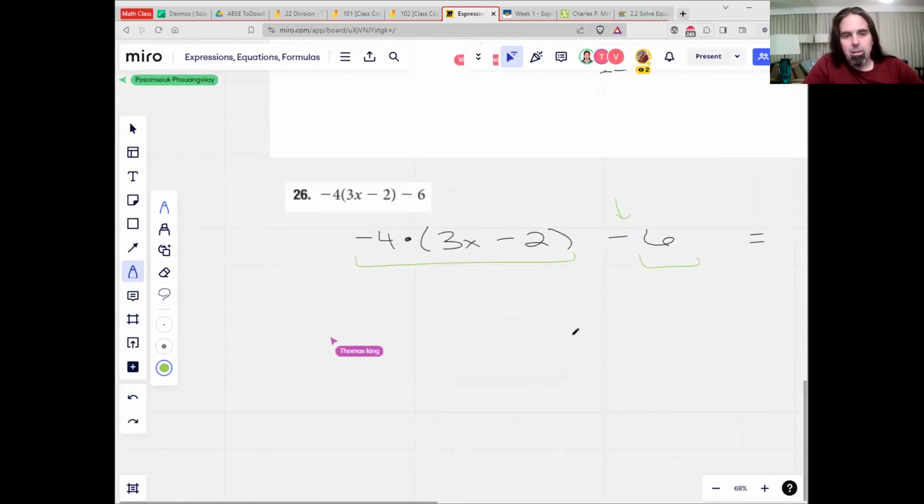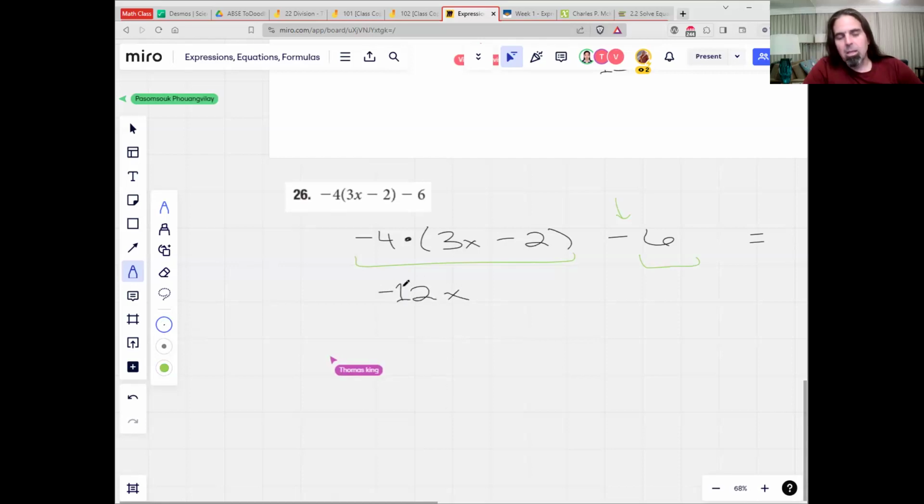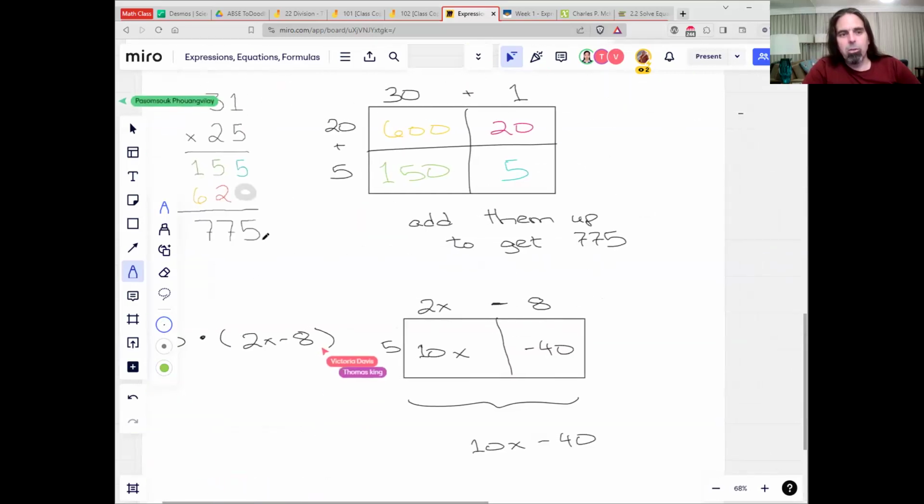So I'll do that. -4 times 3x, well, -4 times 3 is -12. And it's x's. Notice the x's just kind of hang out, just like the zeros did up here.